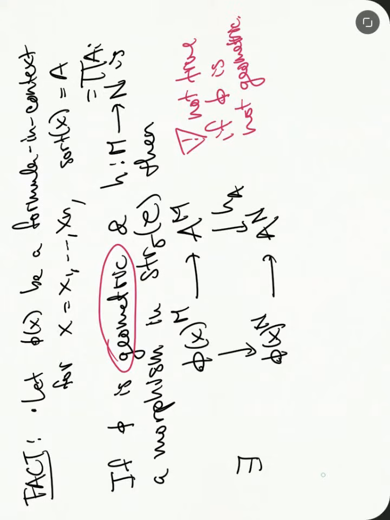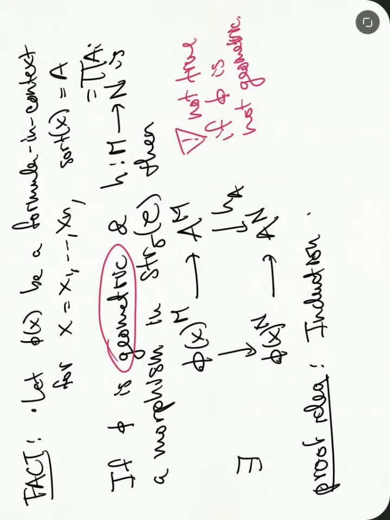Yeah, so let me just say what the proof idea is. The proof idea, and most of them are, and then I'll put a reference at the bottom, is induction on how the formulas are built.